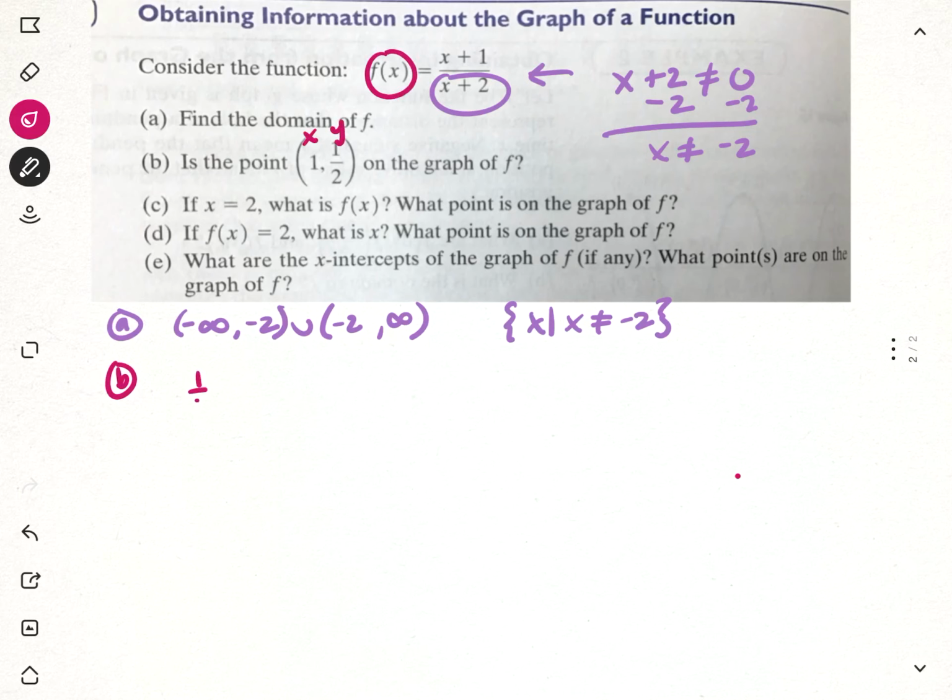So we're going to say 1/2 equals, and we're substituting in for x, 1 plus 1 over 1 plus 2. Well, that's going to be 2/3, which is not equal. So this is no. Right? If they came out equal, then we'd say yes, that the point is on the graph.